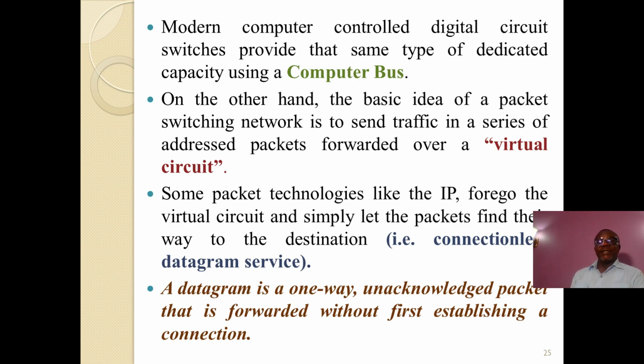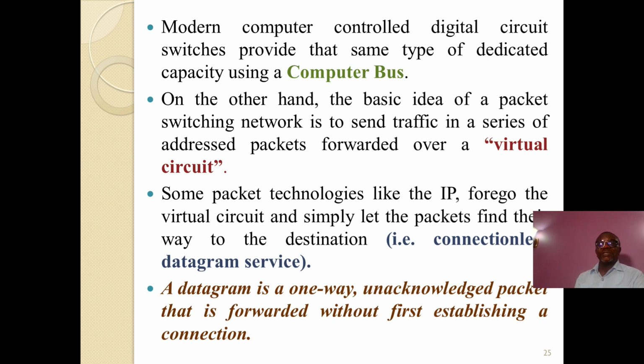On the other hand, the basic idea of a packet switching network is to send traffic in a series of addressed packets forwarded over a virtual circuit. We have seen what a virtual circuit is.